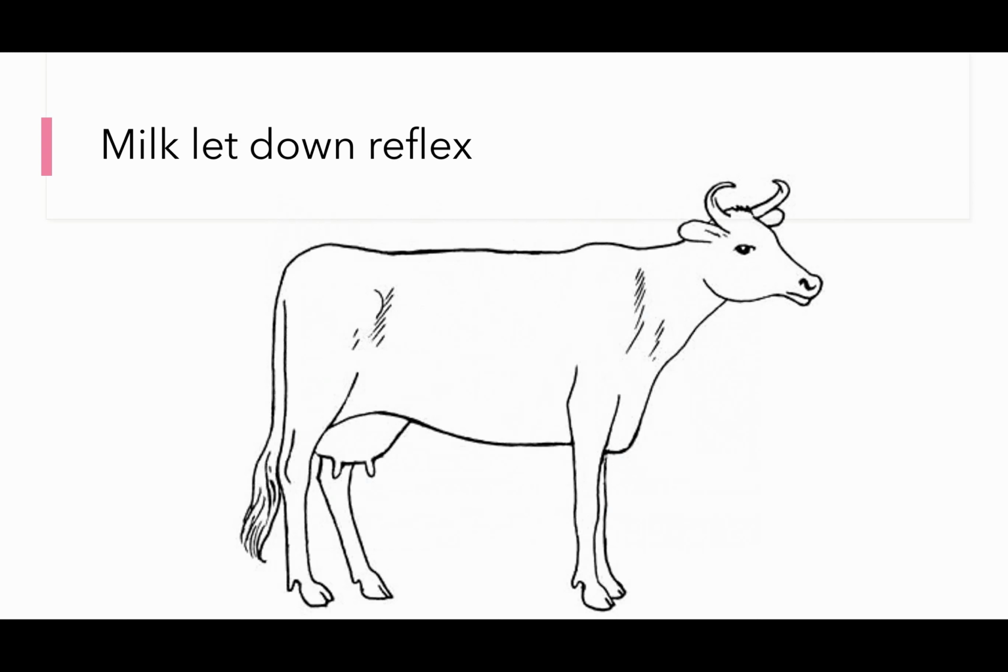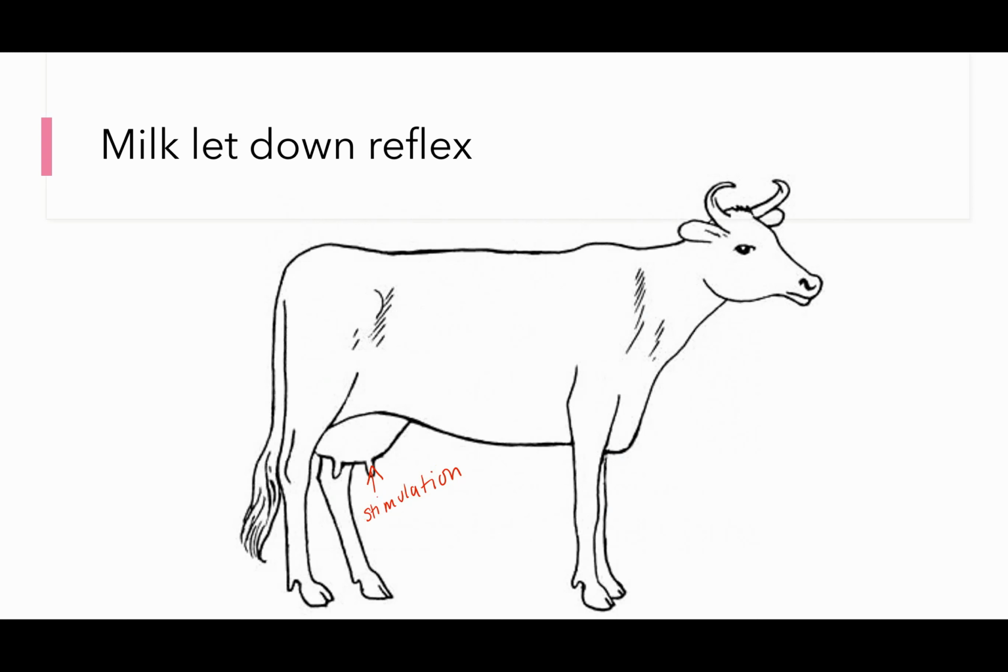Now, this is just a normal cow coming in to be milked, and it can be either milked by a commercial milking operation, or it could be milked by its calf or neonate out in the field. But in the milk letdown reflex, stimulation will occur to the teats.